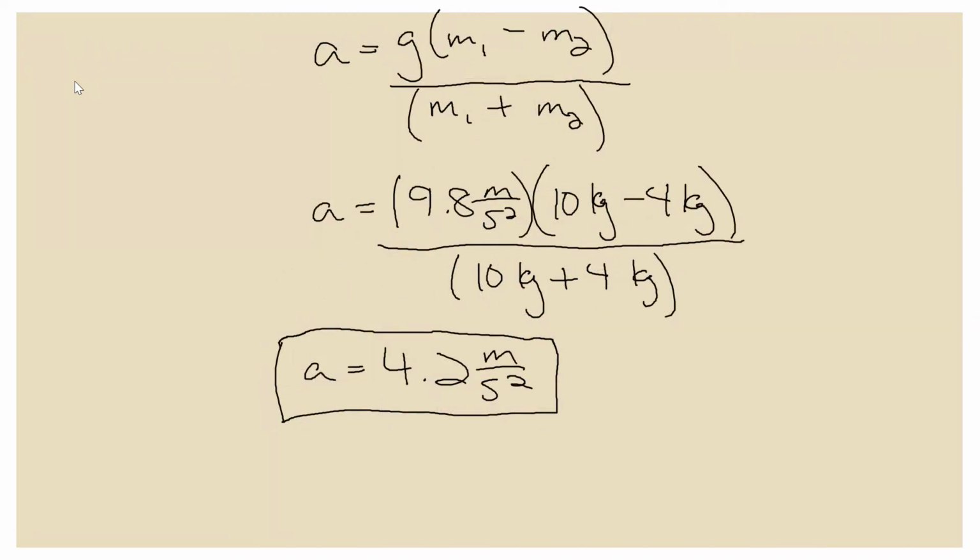But we'll pick the equation for m1, and the equation for m1 says m1 a is m1 g minus F_T. And so to solve this for the force of tension, I got to add this over. So I got F_T equals m1 g minus m1 a.